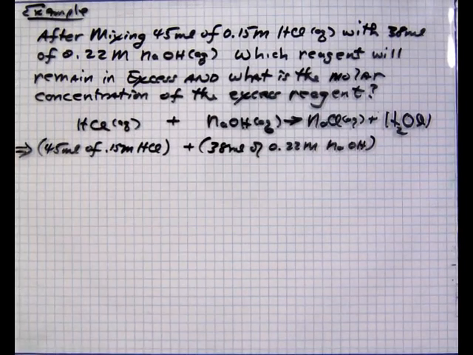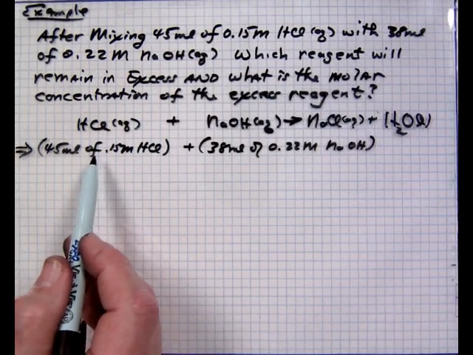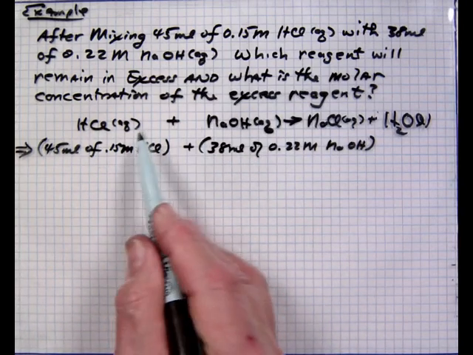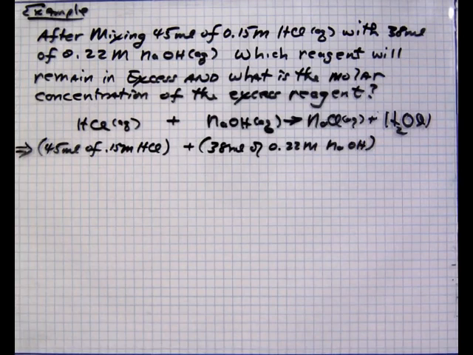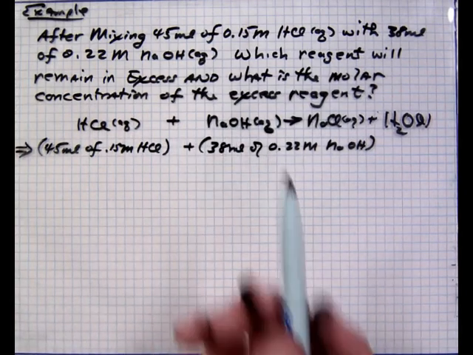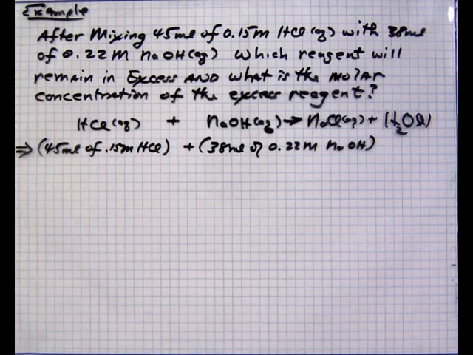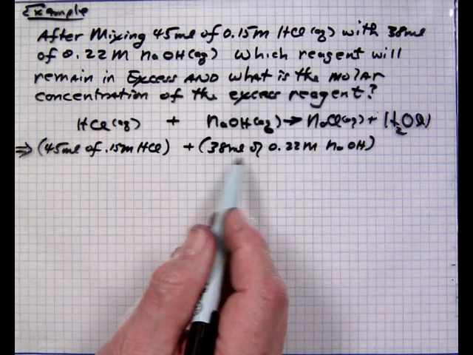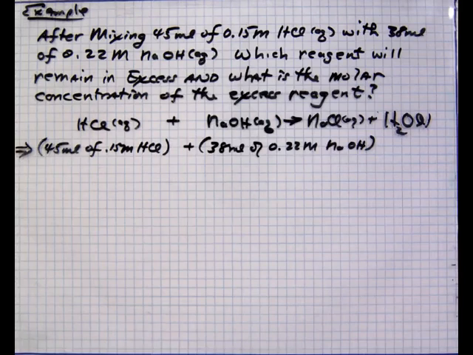Now, with this, I want to convert HCl to moles and sodium hydroxide to moles, and compare the moles, given the 1-to-1 reaction. The component with the larger number of moles is the one that will remain in excess, because you're only going to use a fraction of the total amount there.